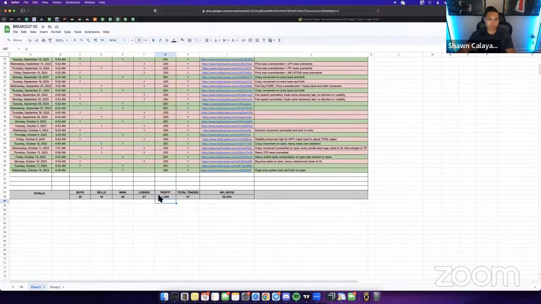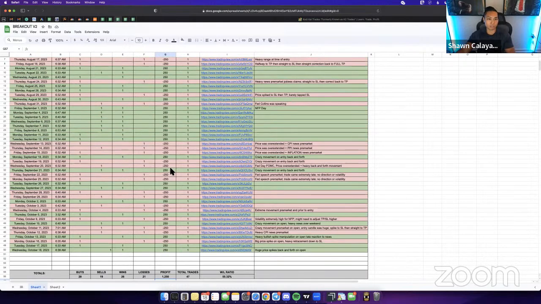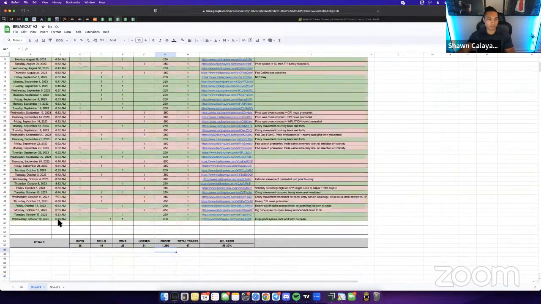So in this 3-month sample, it's still in profit. The win-loss ratio is not great, it's a 55.32% win ratio, but it's a 1-to-1 risk to reward. Profit right here is 1,250. So if you took every single trade, even the losing trades, from August up until October, you'd be in profit.